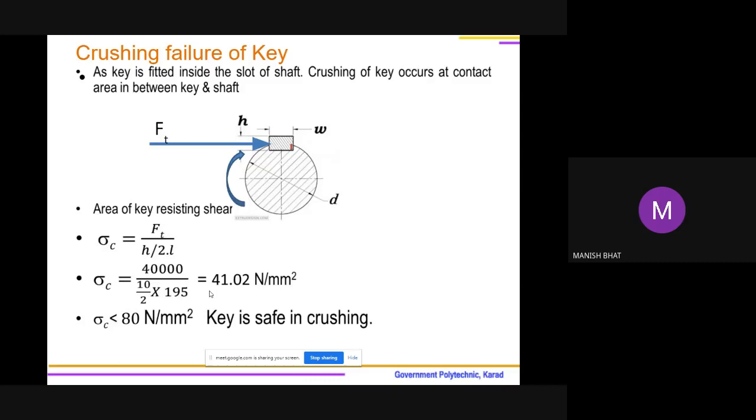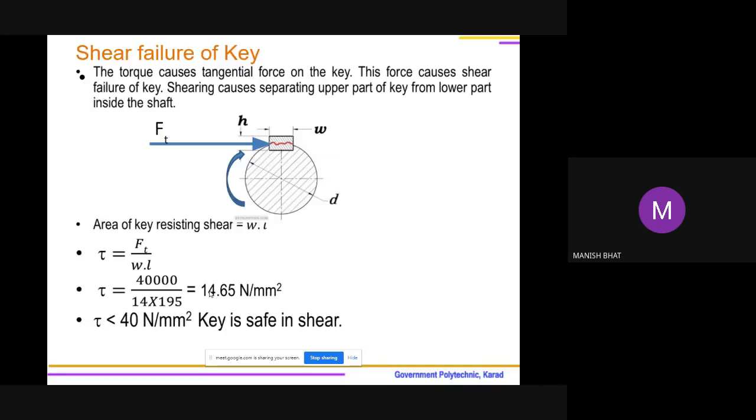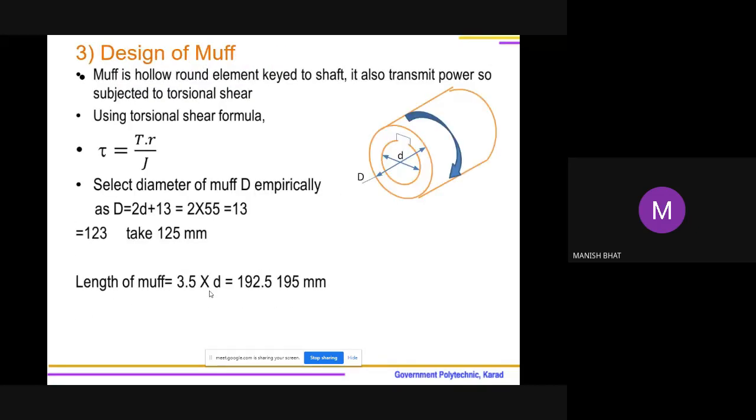It means whatever proportions we have selected empirically are correct. Width can be taken as 14 mm, height as 10 millimeter, and length as 195 millimeter.